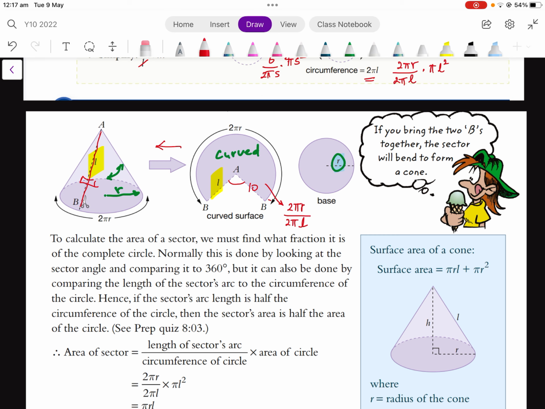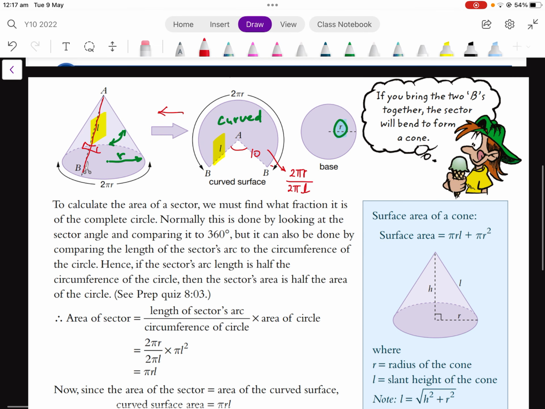Now what is the area of this complete circle with L being the radius? It is pi r square, which is pi L square. If you simplify this, you'll have 2 pi divided by 2 pi and L square divided by L, so you'll get pi RL.